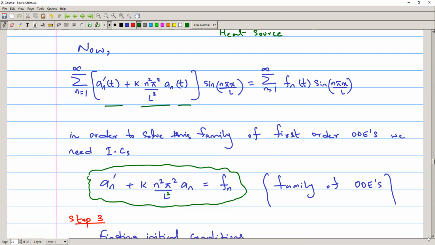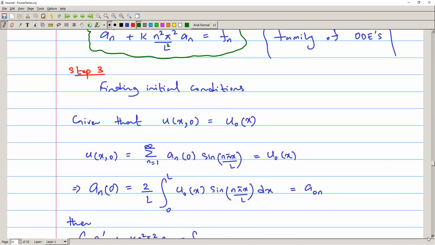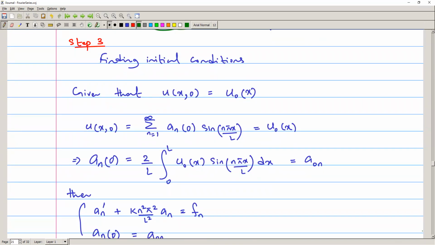So like that. And in step 3, now we are going to find initial conditions using the given initial condition in the problem, that is u(x, 0) is equal to u naught of x. So u of x comma 0 is equal to the sum from n equals 1 to infinity of A_n(0) sine n pi x over L, which is equal to u naught of x.